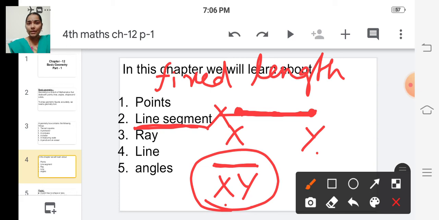We cannot extend a line segment from any side. It has fixed length. Remember this, a line segment has fixed length.